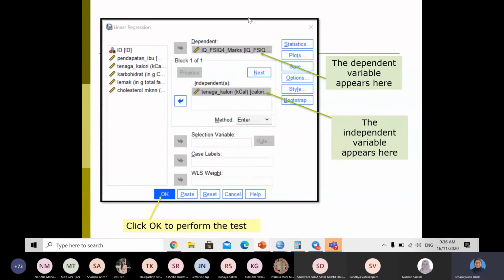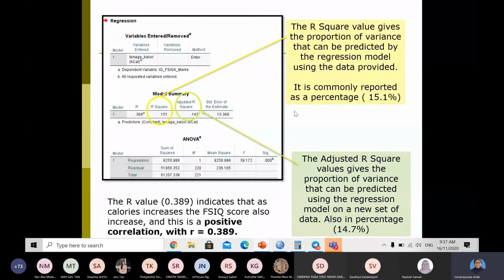On this page, you have to know what your dependent variable is. Here it is the full-scale IQ. For the independent variable, there can be many, but I put in only one because this is simple linear regression. So I input calorie here, and I click OK. Then this is the result.